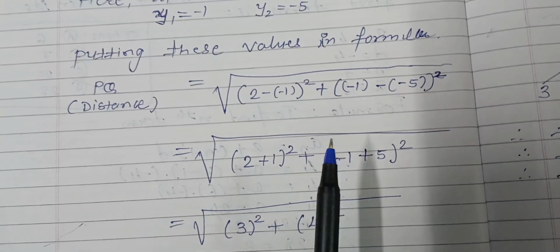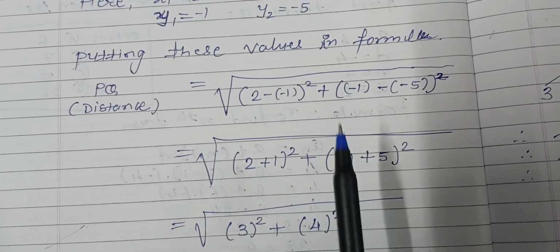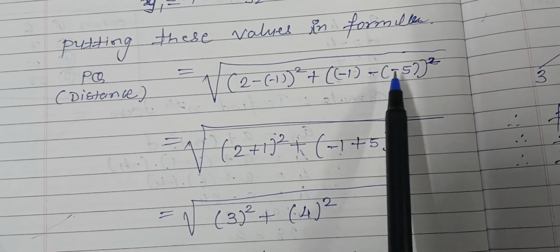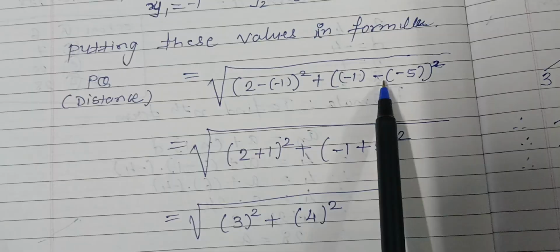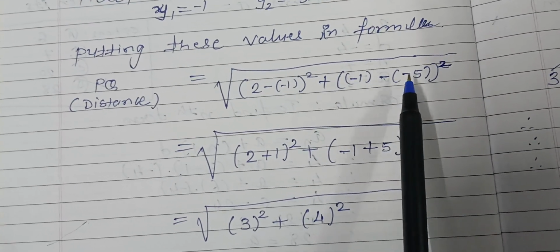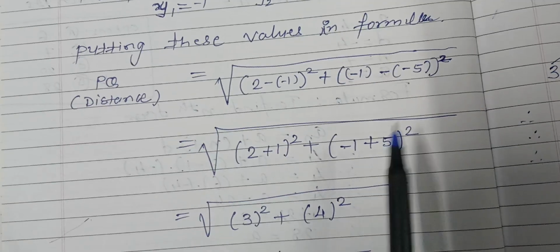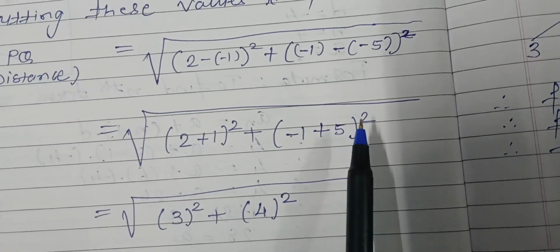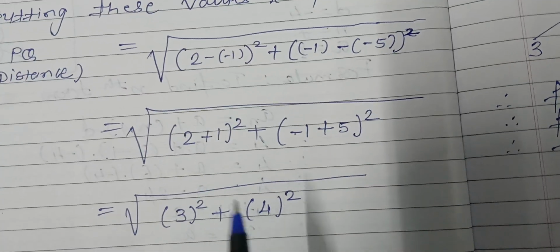Then plus sign. Now minus 1 is as it is, and again minus multiplied by minus is plus. 5 we keep as it is, and then the whole bracket is complete and squared.